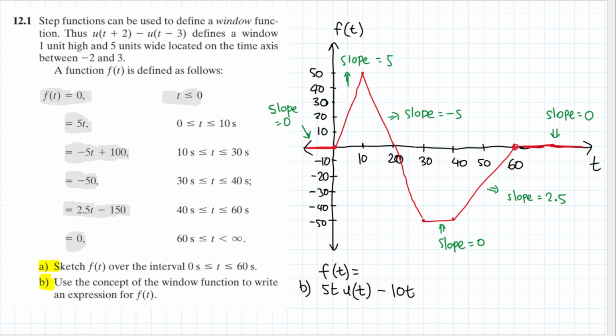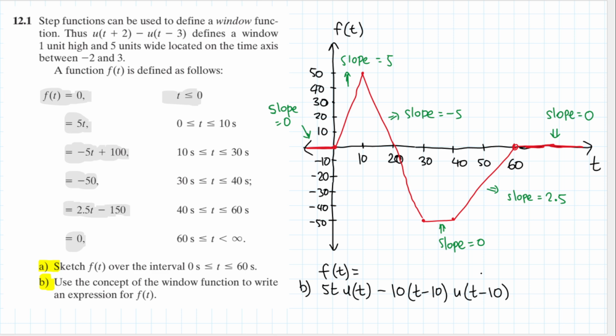And then it changes when t is equal to 10, so we need to write this as t minus 10, u(t minus 10). Good. And then this slope is now minus 5, and we need to change it into 0. So we need to add 5.